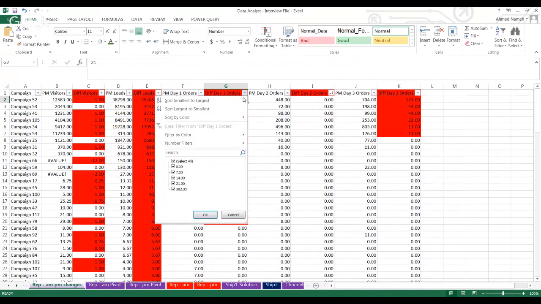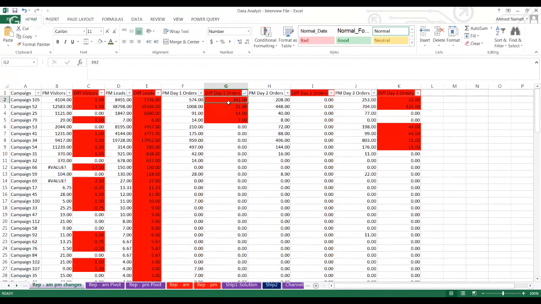Day 1. Let's start by sorting from largest to smallest. Campaign 105, as you can see, there's a difference in day 1 orders between PM and AM of 392. PM orders were 574, which suggests that AM orders were about 100 and change.